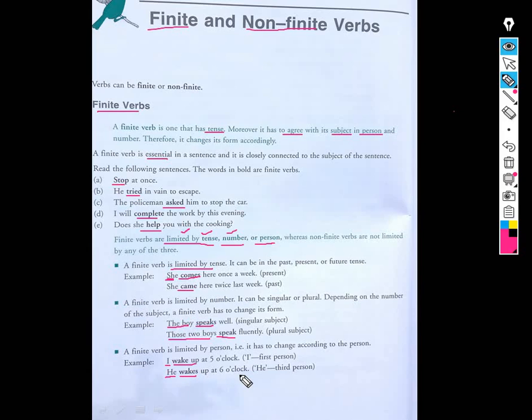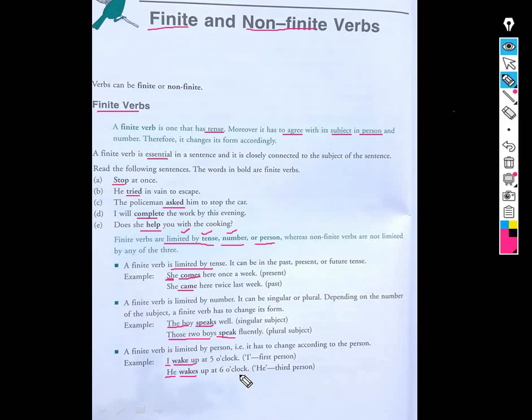Right? Okay, take it easy and try to understand. Okay? कि finite verb वही वर्ब होते हैं जो अक्सर हम इस्तेमाल करते हैं, जो हमारी बोल चाल में ज़्यादा इस्तेमाल होने वाले हैं. For example, write, read, play, open, close, run, okay, sit, stand.